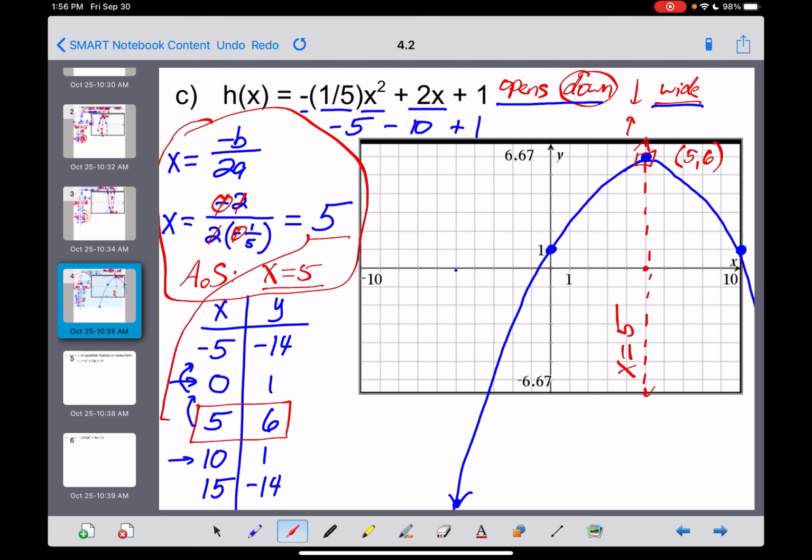But once you get that, that's where you put that number right in the middle of your table. So this was our vertex right here, and then yet again you've got the symmetry here, the 1 and the 1 in those y-coordinates, and the negative 14 and the negative 14 in those two y-coordinates. So that's most of what we're trying to do here in section 4.2.